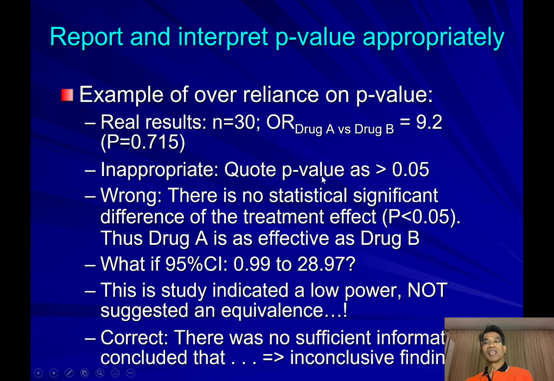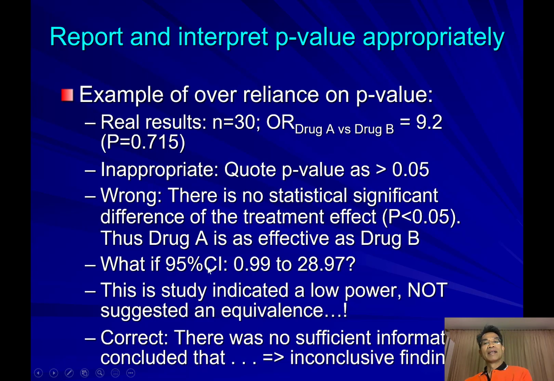If we quote the p-value, say there is no statistically significant difference in treatment effect, and interpret that drug A is as effective as drug B, this would be totally wrong, because it shows 9 times the efficacy of drug A compared to drug B. But the sample size is small, so it cannot detect significant findings. So if we say that, it's wrong.